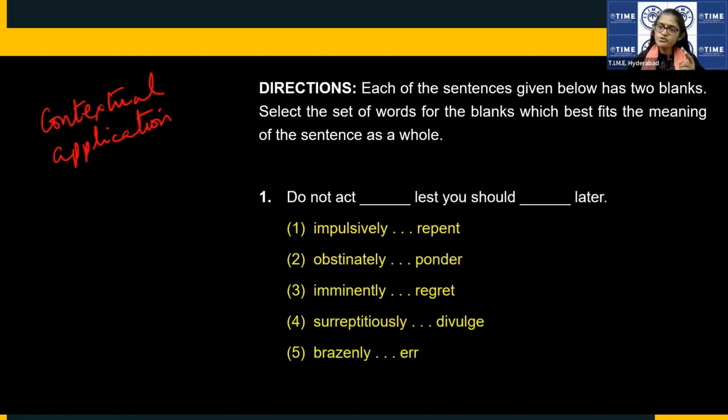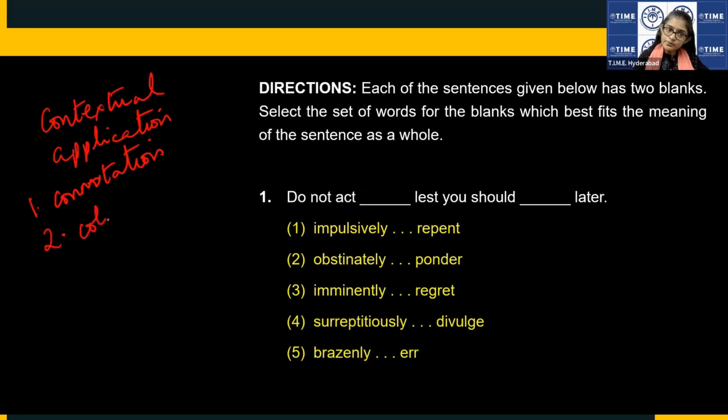You may get 2 options where the actual words mean the same, but the contextual meaning is different. So in order to answer such questions correctly, you need to know, one, the connotation of words. What the word connotes means, what it means in a particular context. Okay, that you need to understand.